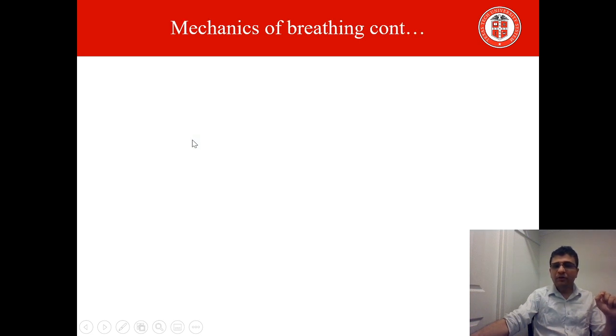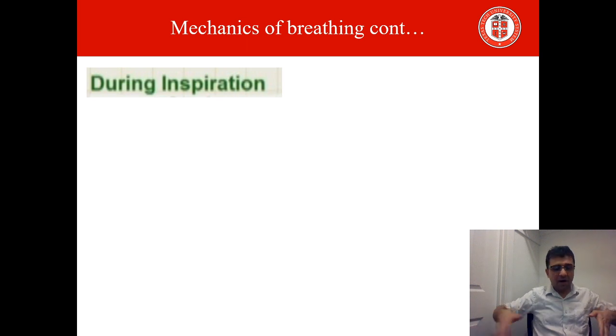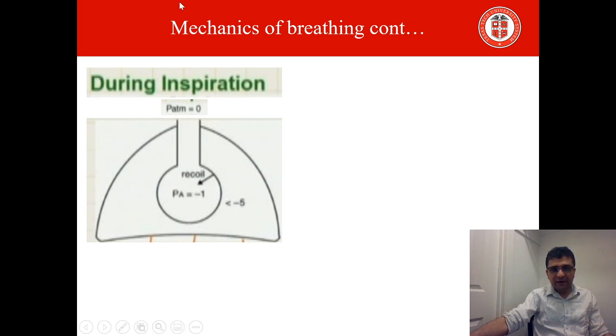Now let's see what's going to happen once we inspire. During inspiration, our thoracic cavity expands, and once it expands, the volume increases, and as per Boyle's law, volume is inversely proportional to pressure, which means that as the volume increases with the expansion of the chest, the pressure decreases. So you can see this decrease in pressure. It has gone down from 0 to -1, and from -5 to less than -5, and technically it's -8.